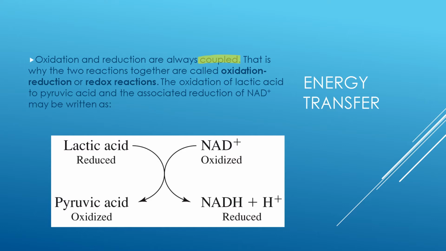For example, when lactic acid is oxidized to form pyruvic acid, where does it send its hydrogen atoms to? The two hydrogen atoms removed in this reaction are going to be used to reduce NAD into NADH. So this is how we have a coupled reaction.